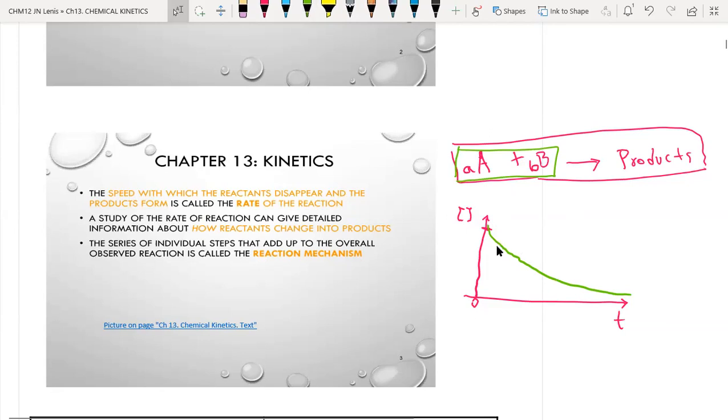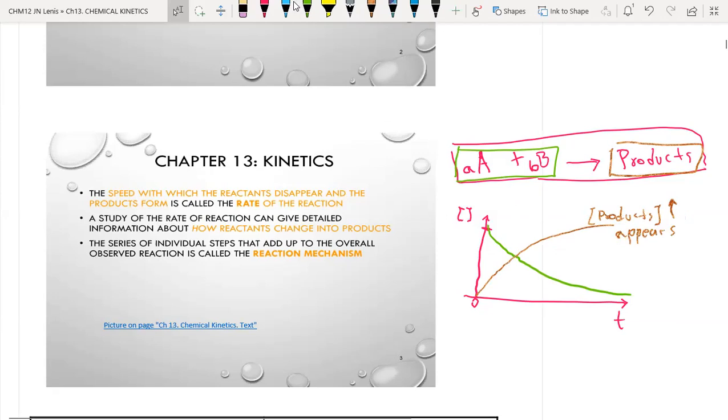And at the same time, concentration of products, concentration of these products here will start to show up. So it's a concentration of products. It starts to go up, to show up, to appear. Concentration appears.